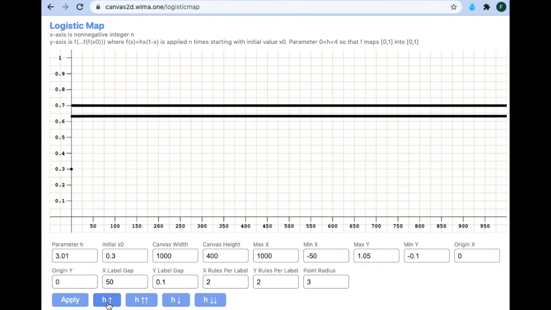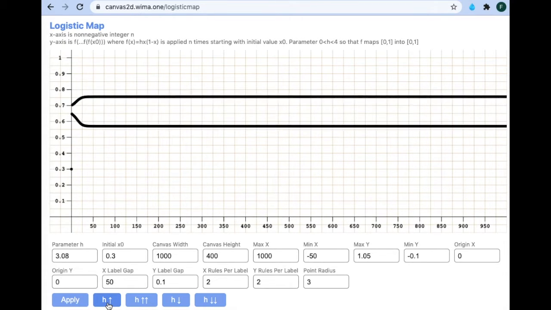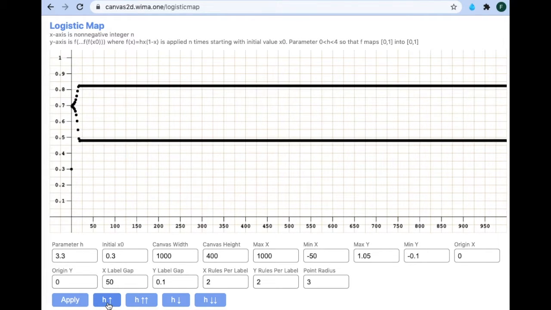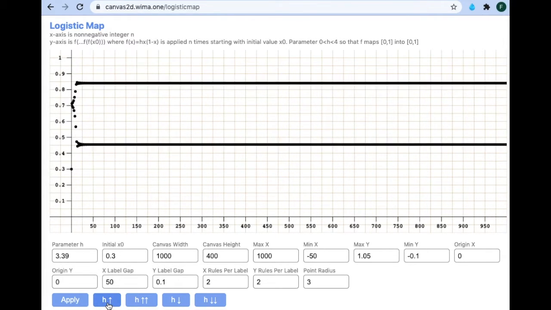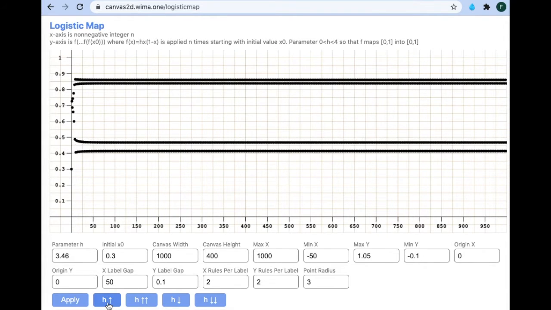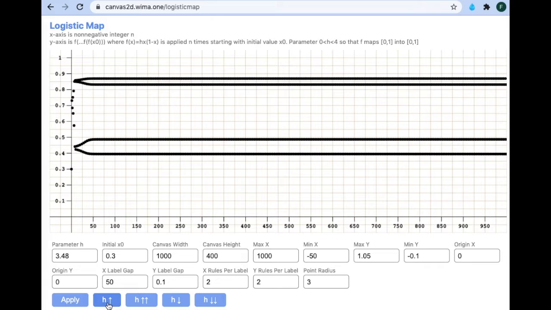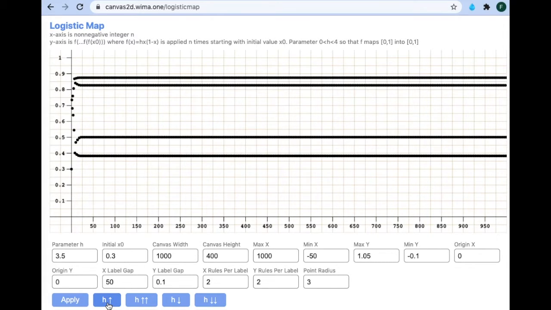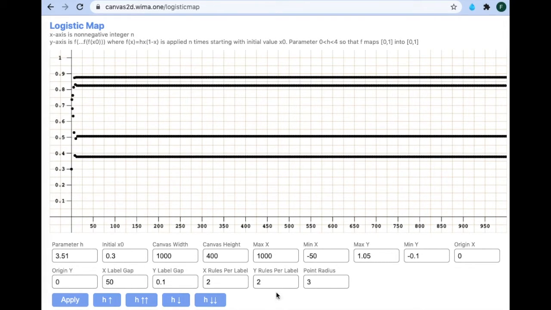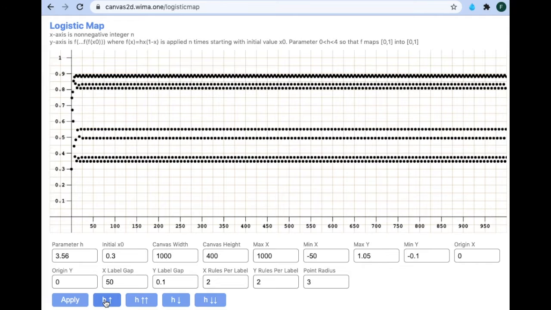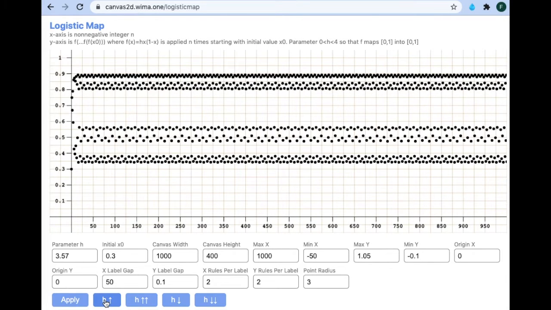When h is greater than 3, the two lines separate. Two lines split into 4 lines. Four lines split into 8 lines.